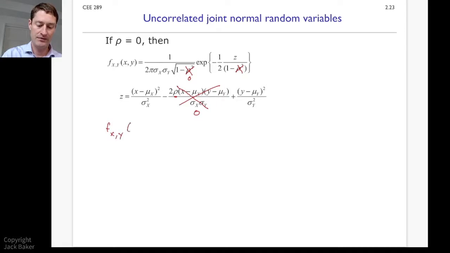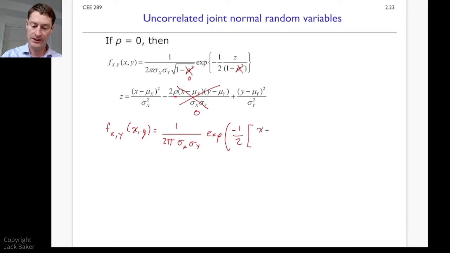So the joint PDF for x and y, I'm left with out front, I've got a 1 over 2 pi sigma x sigma y. Then e to the minus 1/2. And then I'm just going to substitute z straight in here.